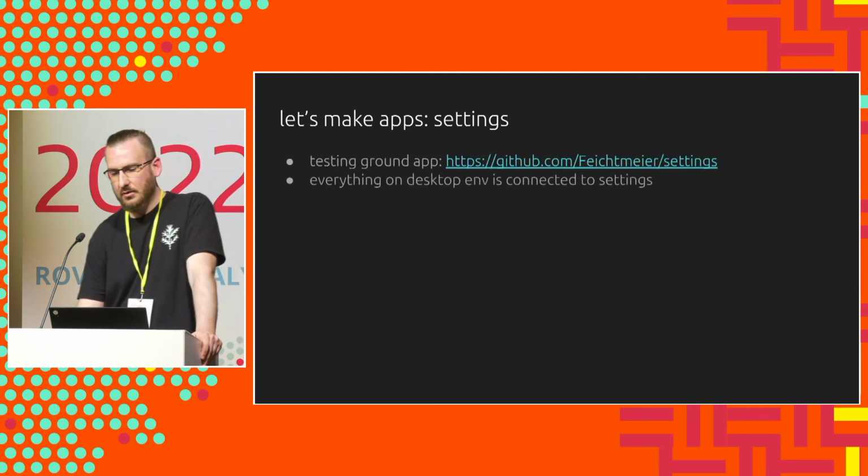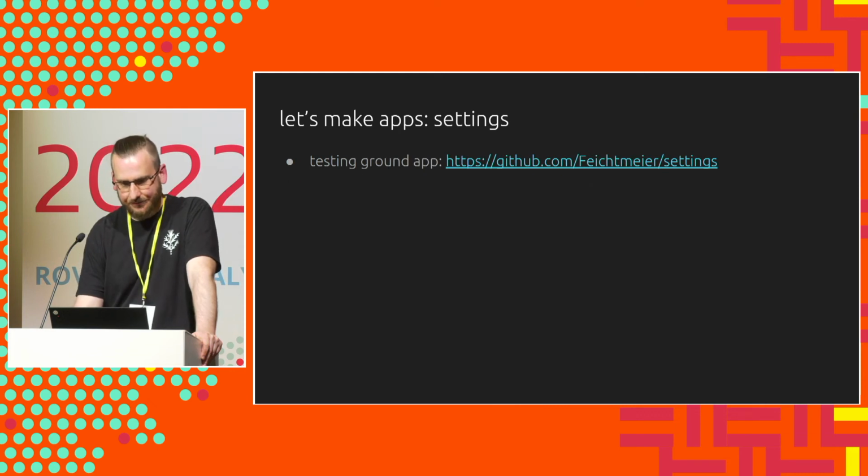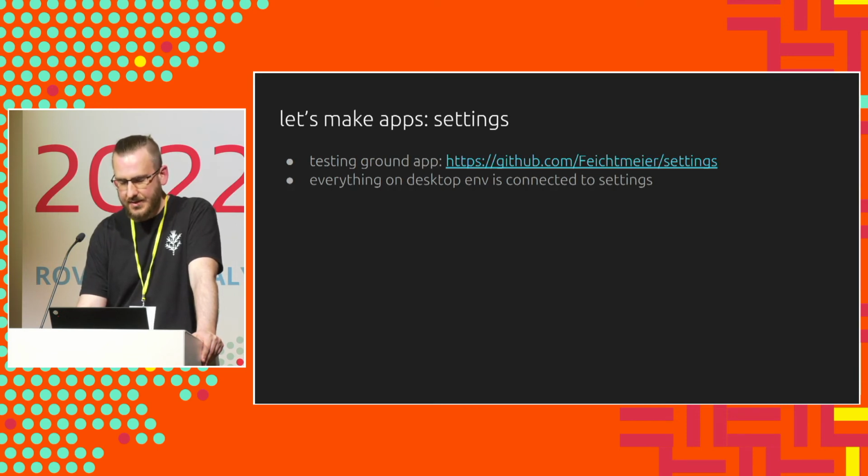So what we did was we created a settings app, and you may ask why, because there's GNOME Control Center, but it's actually a really nice testing ground if you want to make use of all the nice libraries which have been created for the Linux desktop.